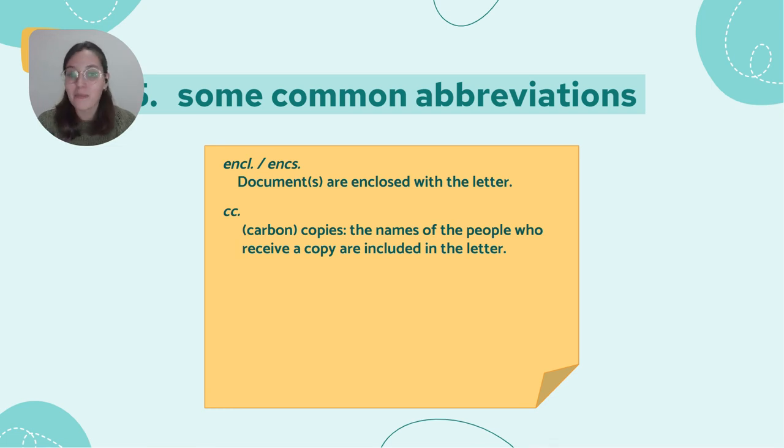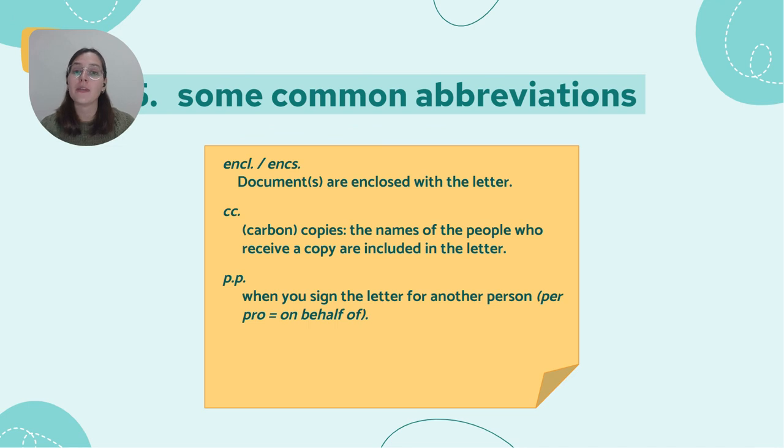And they simply imply that the people included in the letter receive a copy of it. PP is used when you sign the letter on behalf of someone, and it stands for per pro. And last, RE, that stands for regarding.